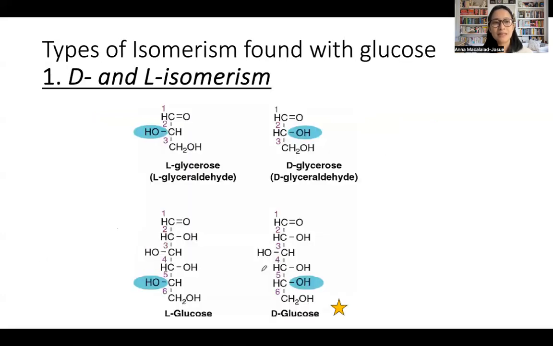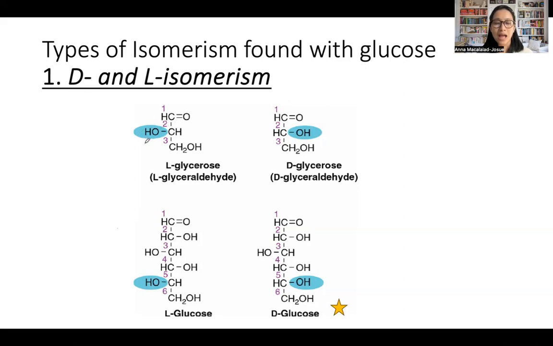Now we proceed to the types of isomerism found with glucose. You have the D and L isomerism. D is for right and L is for left. You can see the hydroxyl group in L-glyceraldehyde. Glyceraldehyde is composed of 3 carbon atoms.